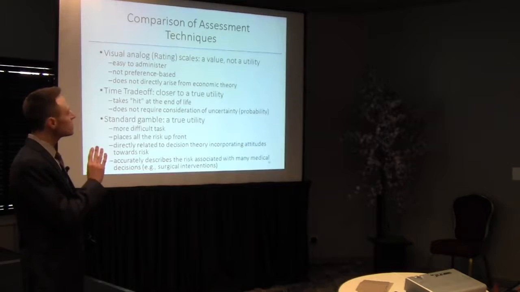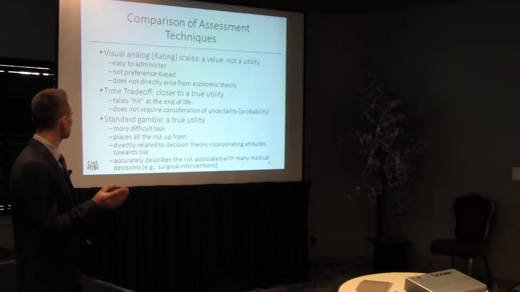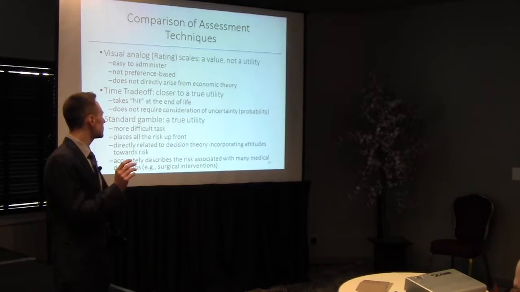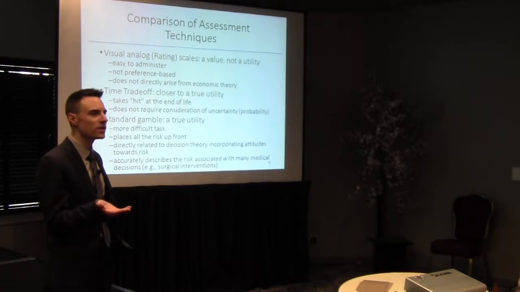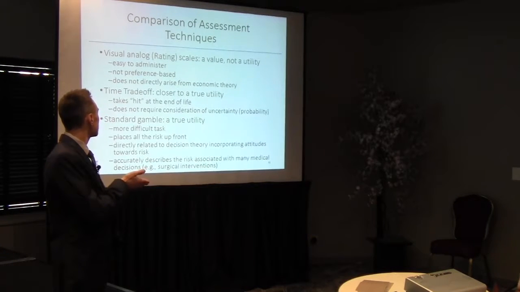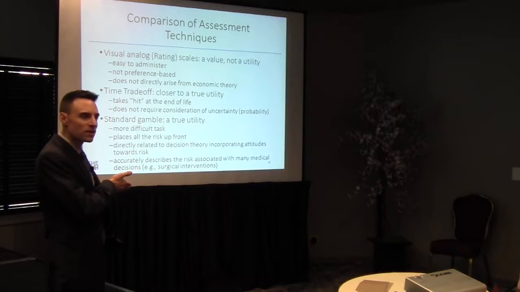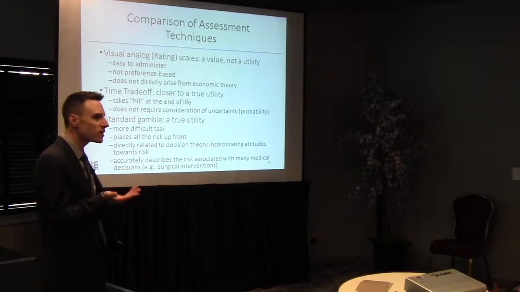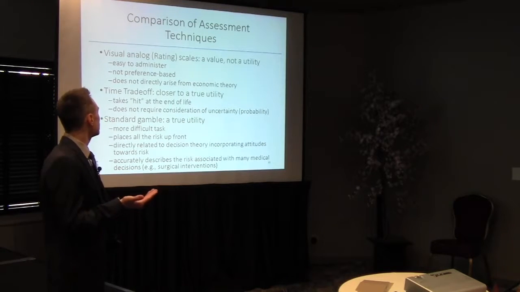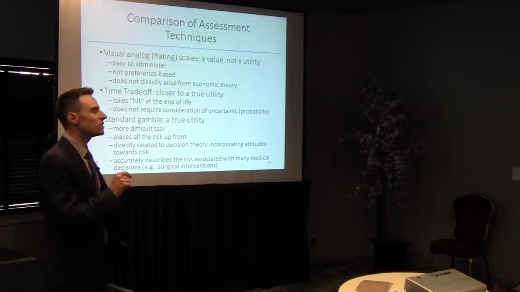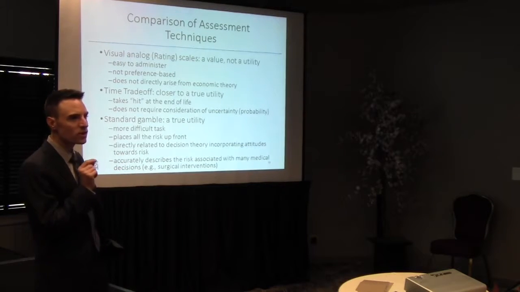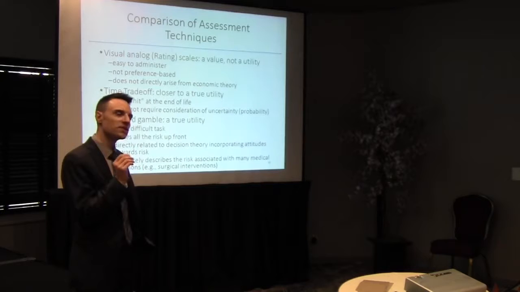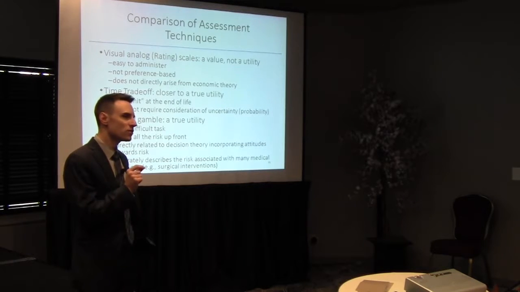So what about the time trade-off? Well, it's closer, right? We do have that preference factor in there. But at the same time, we take this hit at the end of life, as we discussed before. You kind of run out of that time to trade off. And it doesn't consider uncertainty, which is another thing that we need in order to be able to state that this is actually a utility value.